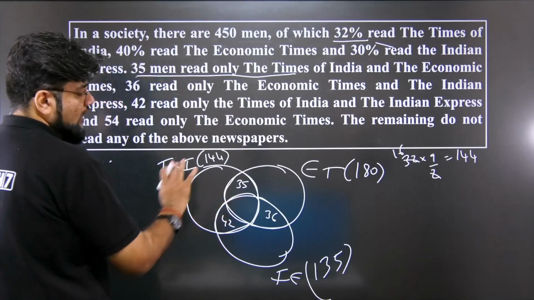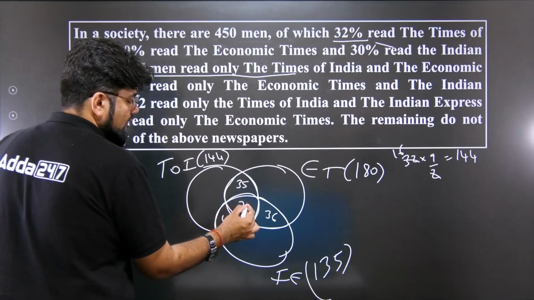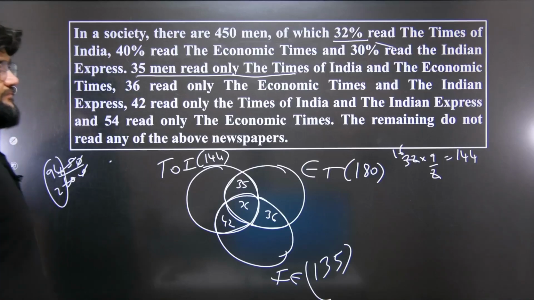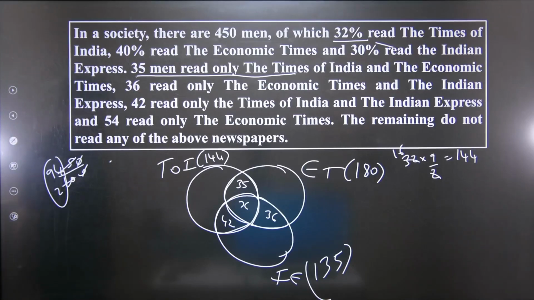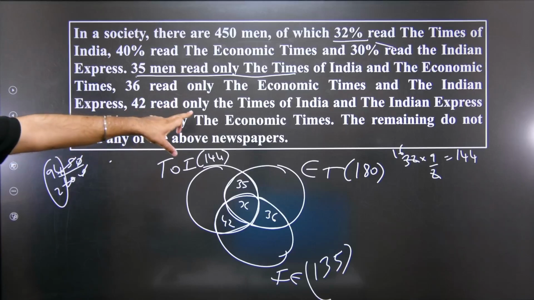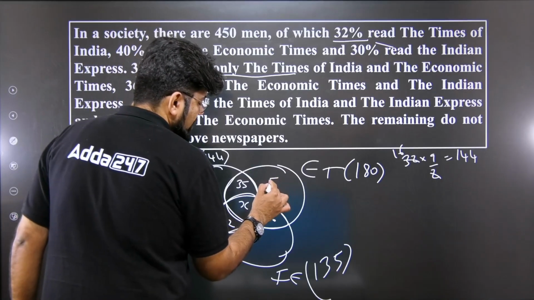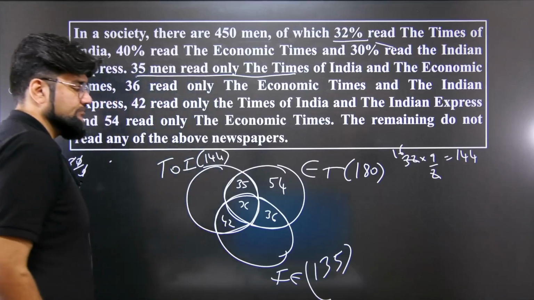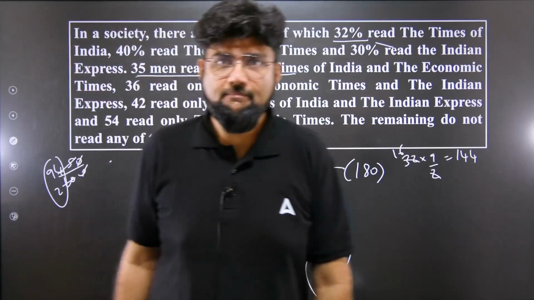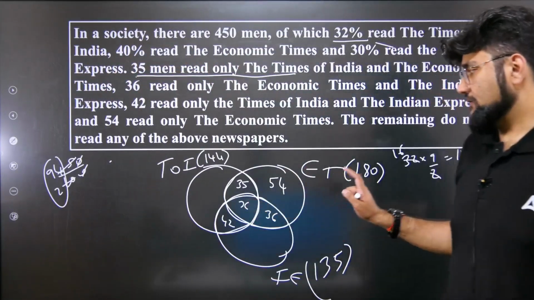Now you are not sure how many read all the 3, so you will assume that to be X. Now they also give you further information that 54 read only the Economic Times. So only Economic Times, here we have 54 people. Done? Now we can easily find out X here.